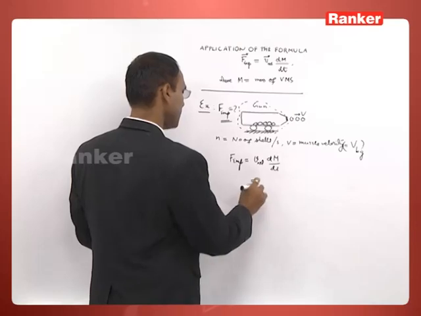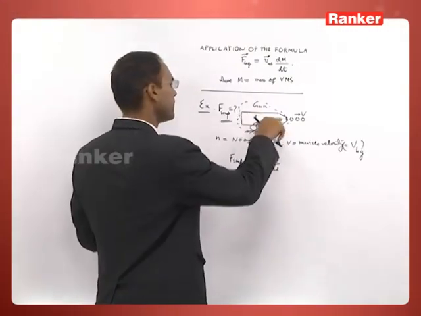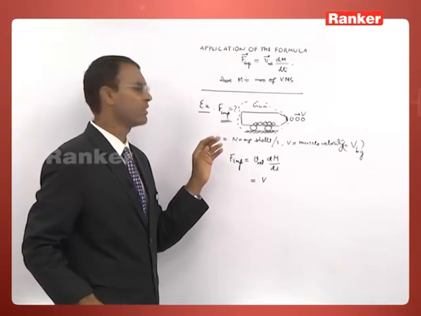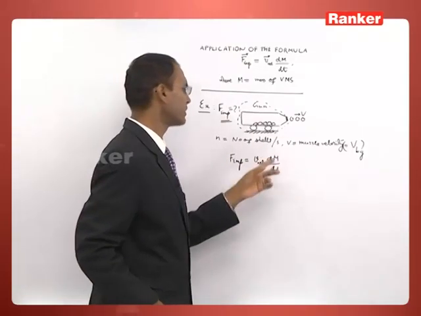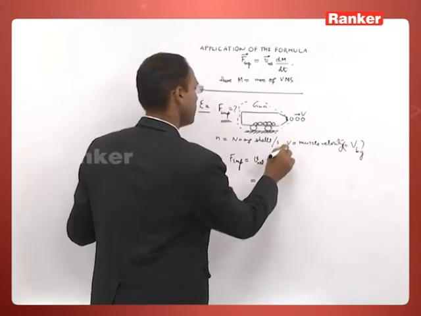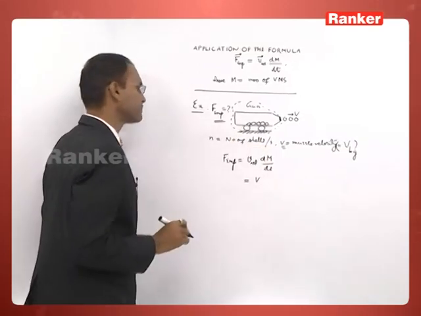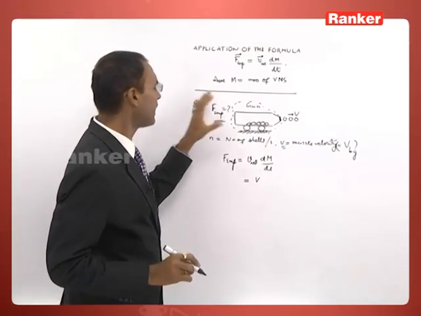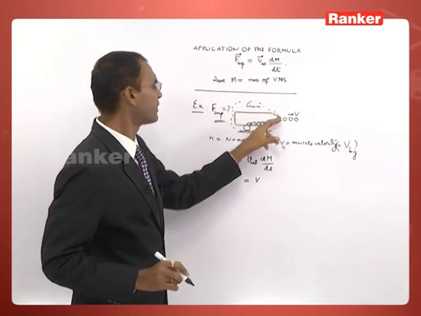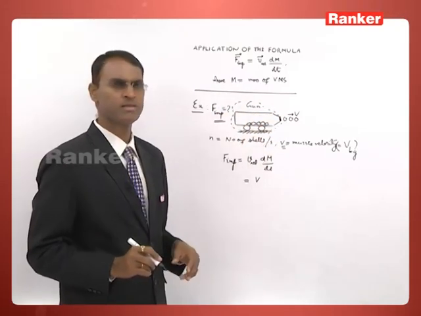The relative velocity is nothing but the muzzle velocity. With respect to the gun, the bullets are moving with a velocity, that's the muzzle velocity, that's given, that's V. dm by dt means per second the rate of change of mass, per second how much mass is changing.